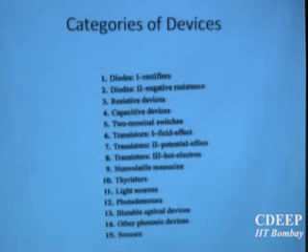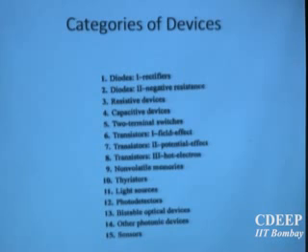Then there are non-volatile memories, flash, like the USB flash. Thyristors, power devices, light sources, LED, laser diodes, photodetectors, photodiodes, and solar cells.